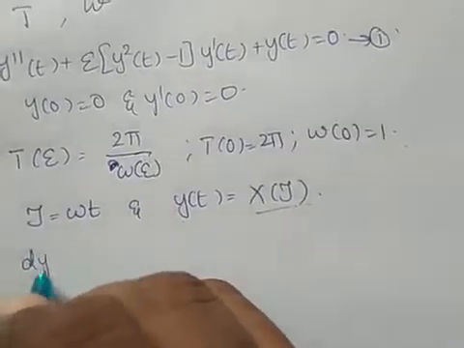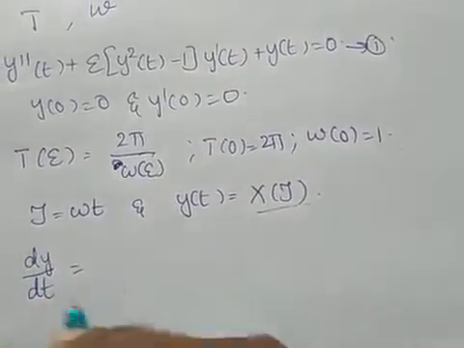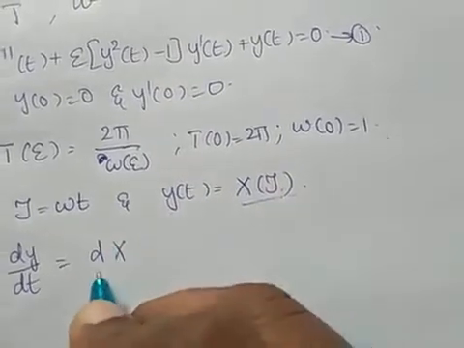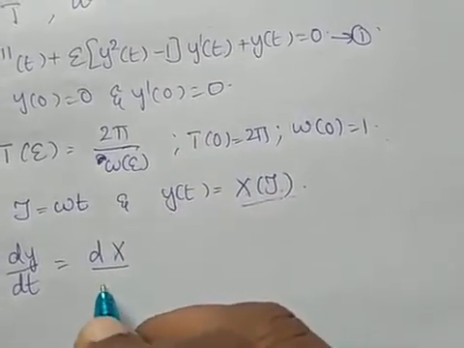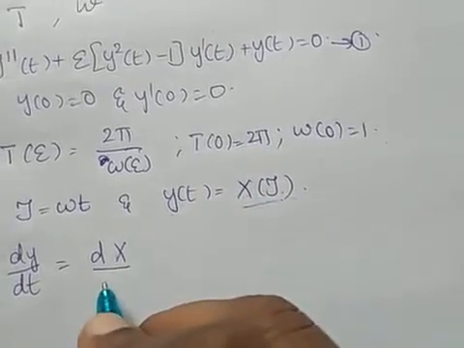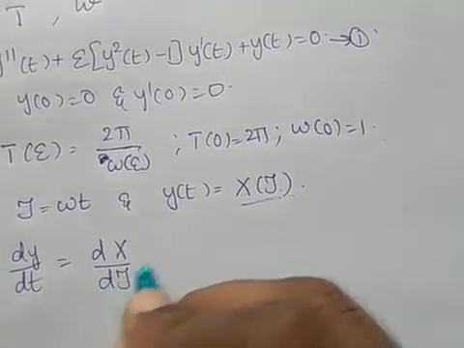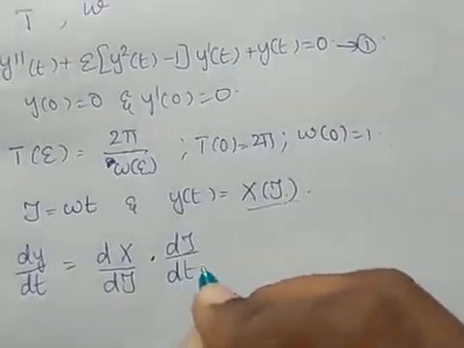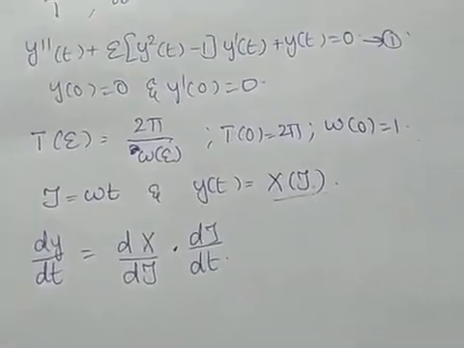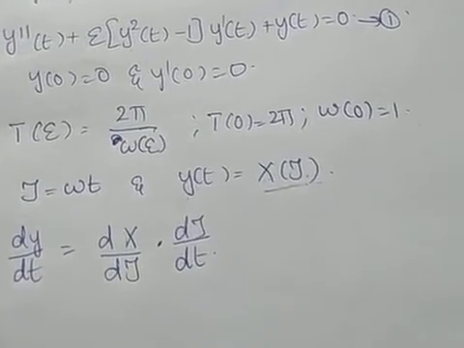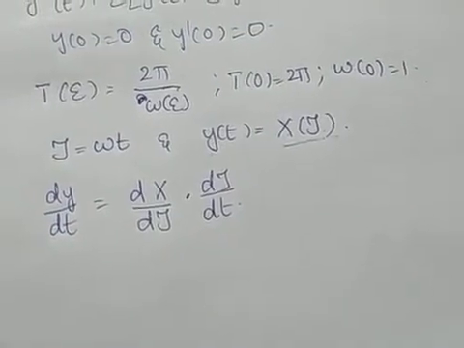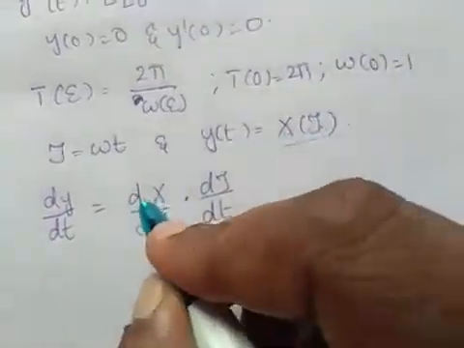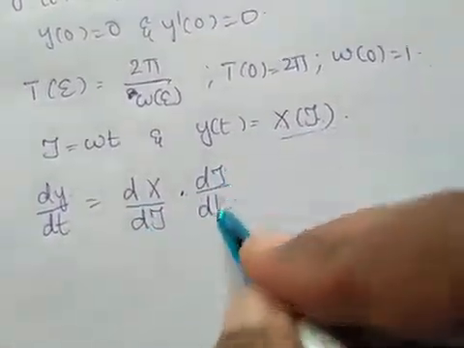So what is dy by dt? What is y? x of tau, right? So dx by d tau into d tau by dt, using the total derivative. x is a function of tau, so d by d tau into d tau by dt.